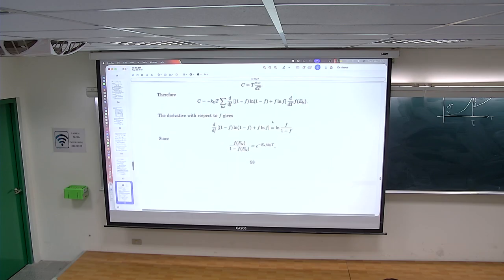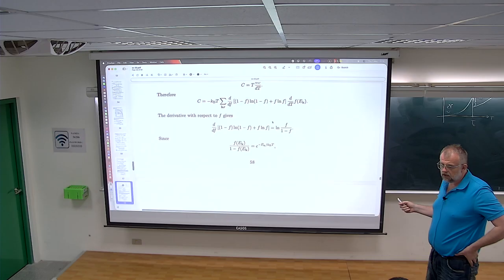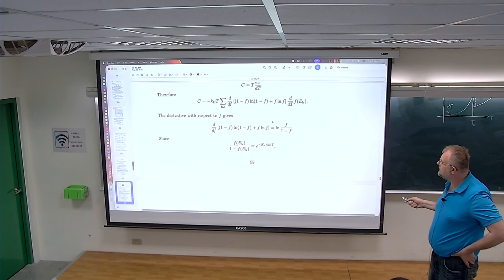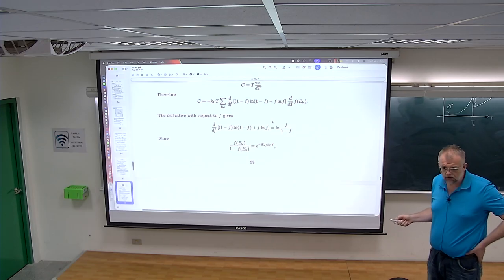And instead of doing the derivative with respect to temperature directly, I will first differentiate with respect to f, and then f with respect to temperature. It's like a composite derivative. And it's pretty easy to calculate. You just take this and differentiate it, and you get the logarithm of f over 1 minus f. It's also super easy to calculate.